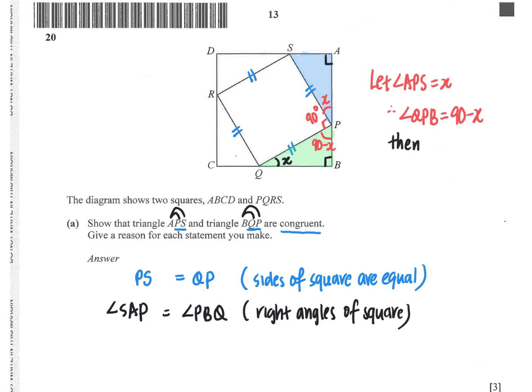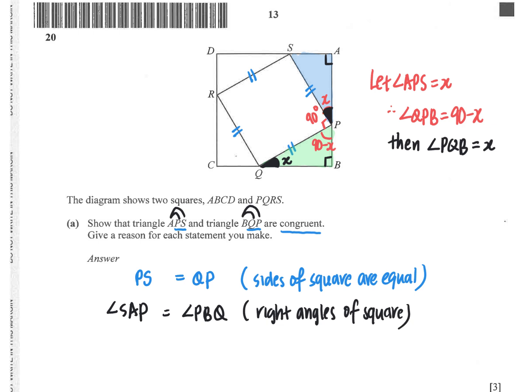Then angle PQB must be X. So what I want is these two. If I can show that these two are X, then I have one more angle that is the same.